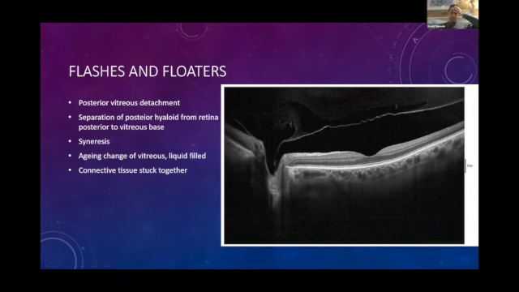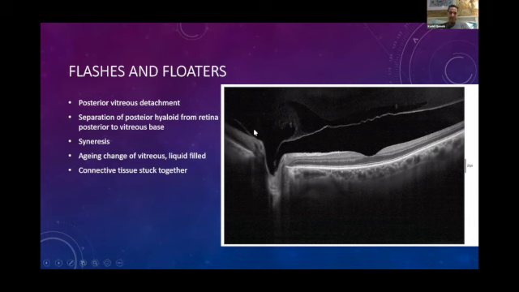Then eventually it peels off its point of attachment around the optic nerve head, and you get a posterior vitreous detachment and a Weiss ring that you can often see floating around, a vaguely circular shape in the vitreous.